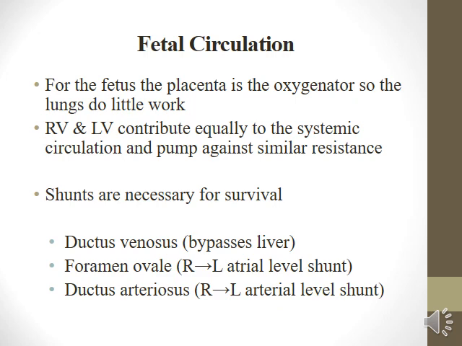Another shunt is the ductus venosus. It bypasses the liver. And there is a shunt at the level of the foramen ovale. It causes a right to left shunt at the atrial level, and the ductus arteriosus a right to left shunt at the arterial level.